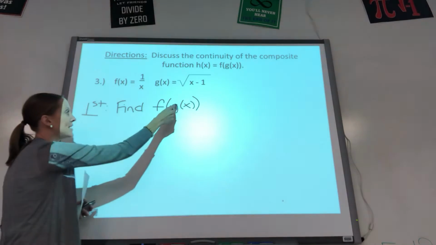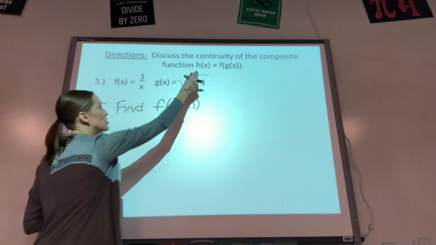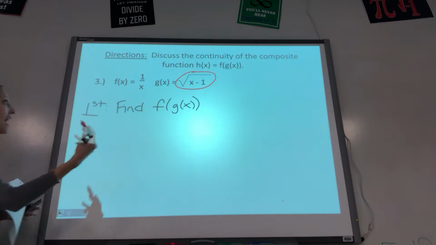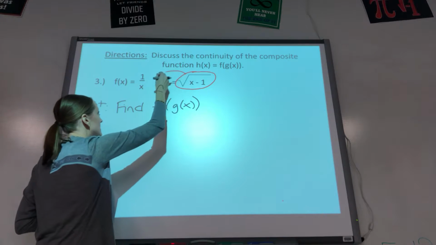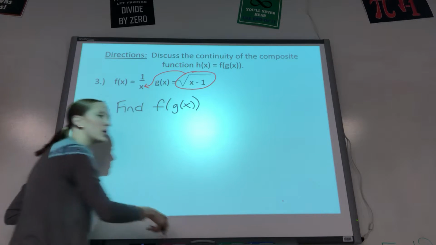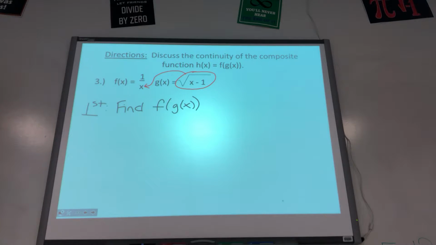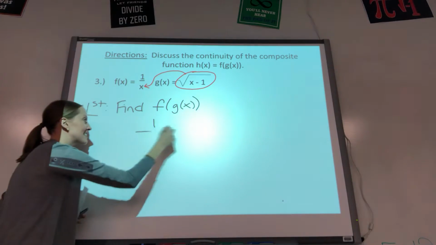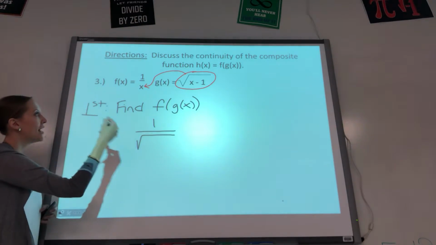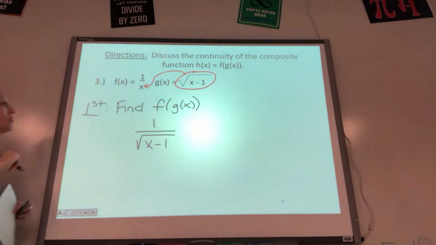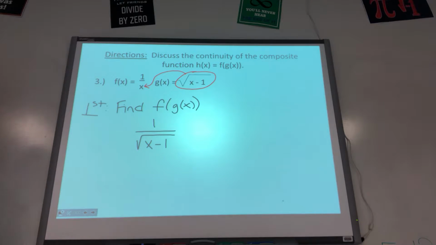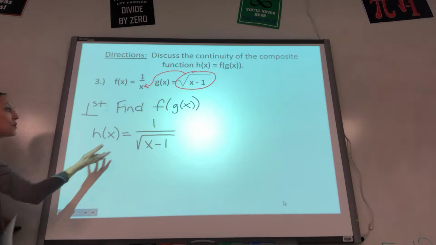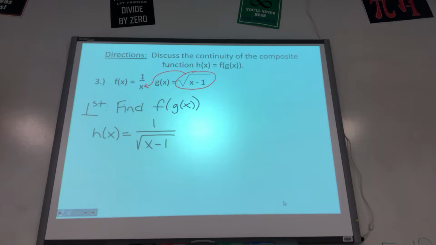But what this means is take g of x, because we always start with the function on the inside. Take g of x, plug it into f of x. So instead of 1 over x, now it's 1 over the square root of x minus 1. Again, if you want to call this h of x, you can. That's what they called it earlier.